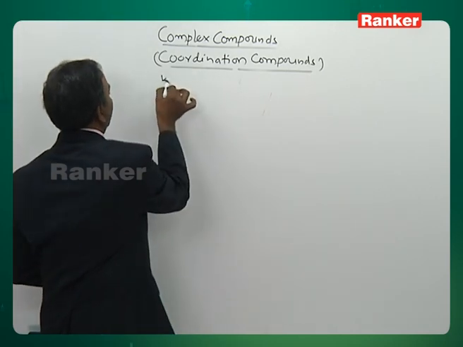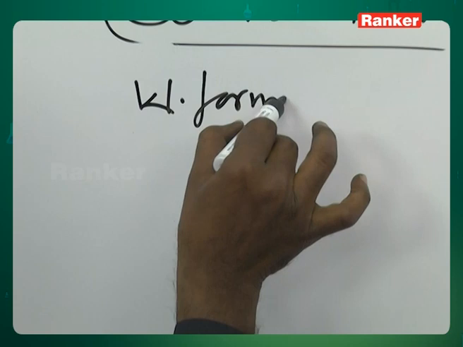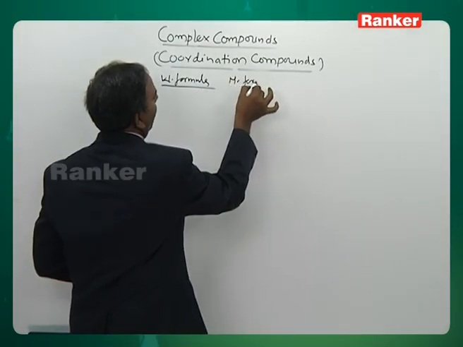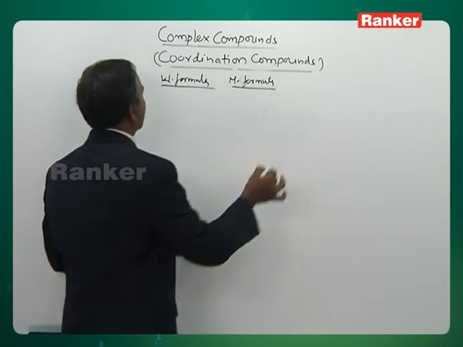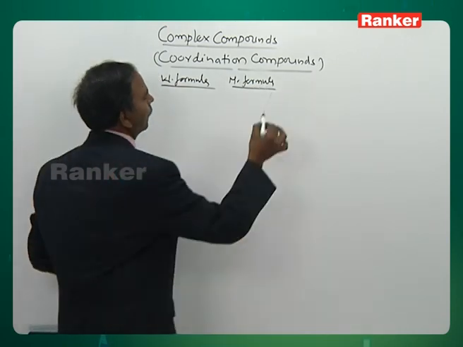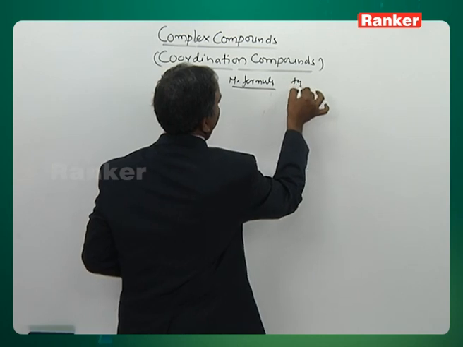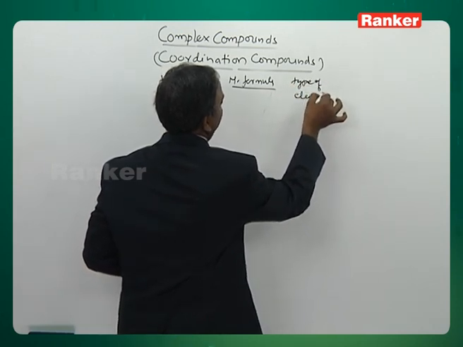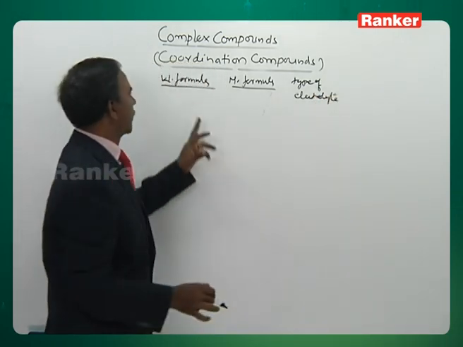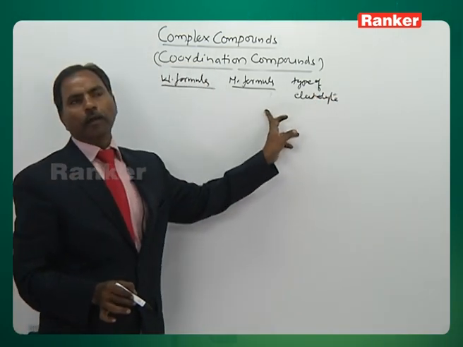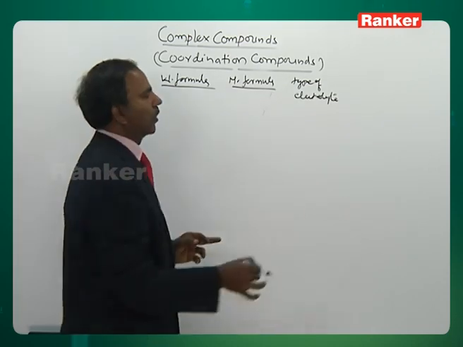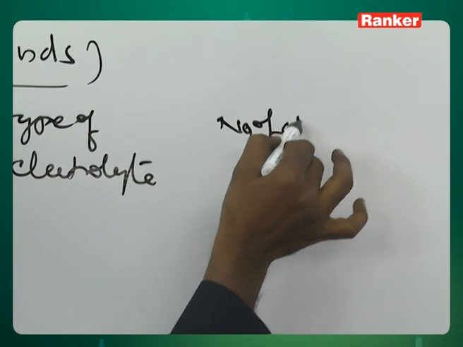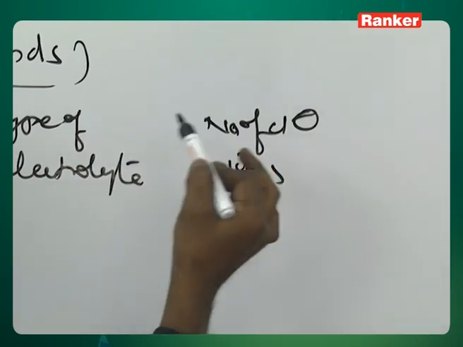Now, Werner's formula and modern formula, type of electrolyte. Consider the Werner formula, modern formula, type of electrolyte, number of chloride ions, number of Cl- ions.